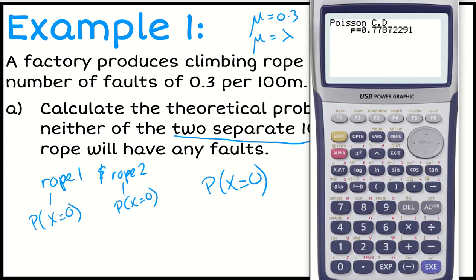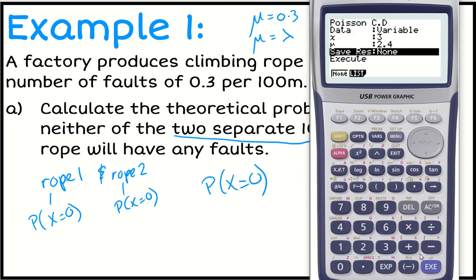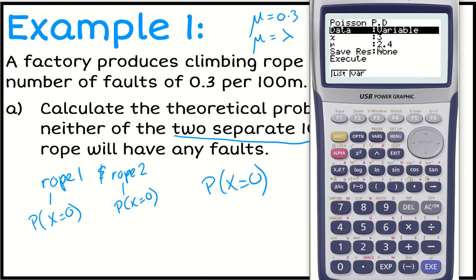So let's go to our calculator. Let me just remind you of this. We go into the stats mode and under distributions I'm going to press F5. I don't see the Poisson there, I need to go across. So F6 and there's my Poisson. So F1, and in this case I want PPD.